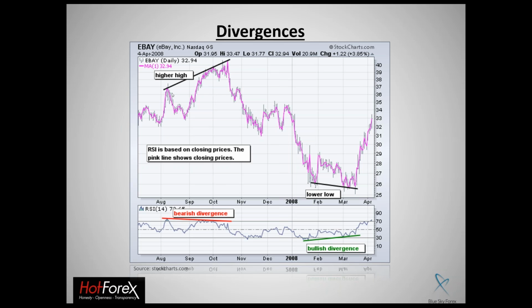Now we're going to observe the divergence between the RSI and the price itself. Okay. So a divergence means that one is moving in one direction and the other is moving in the other direction. You know, it's diverging. Okay, it has diverging endpoints essentially. So a divergence between the price and the RSI can be observed as follows.